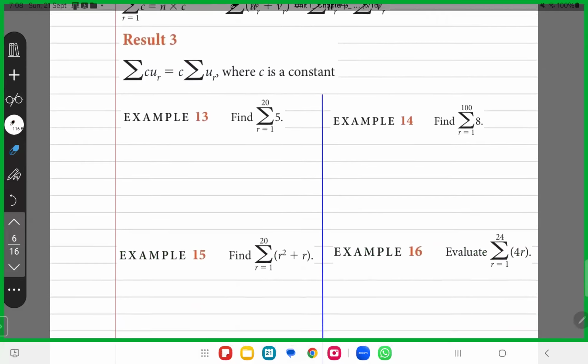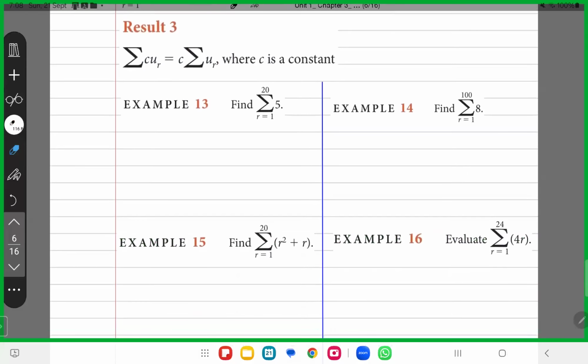So let's have a look at examples 13 and 15. Example 13 is asking you to find the sum of 5 from R equals 1 to R equals 20.